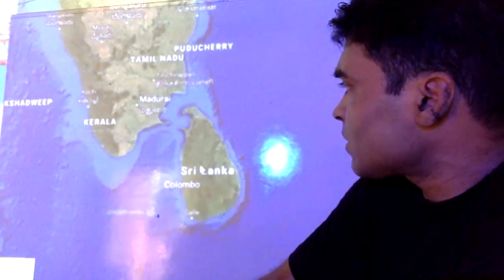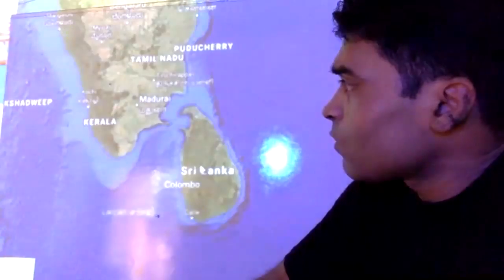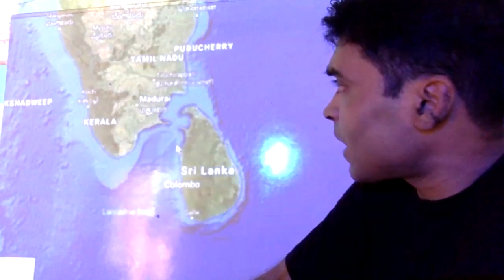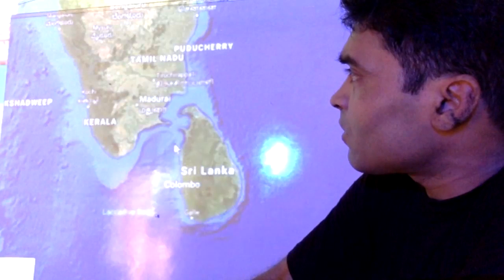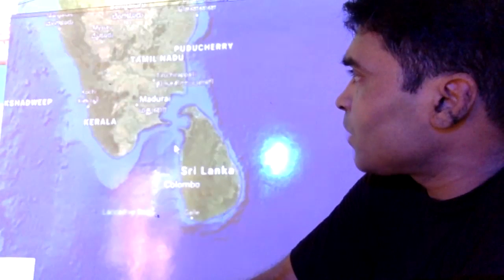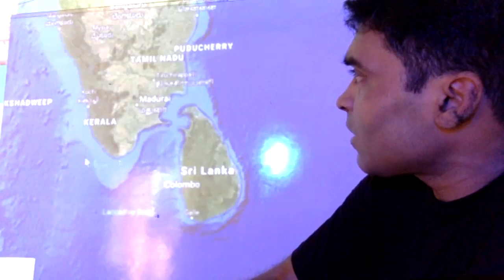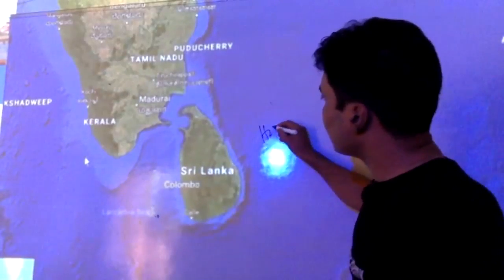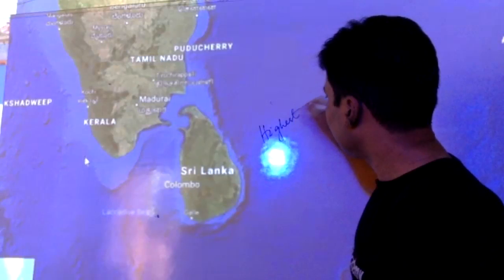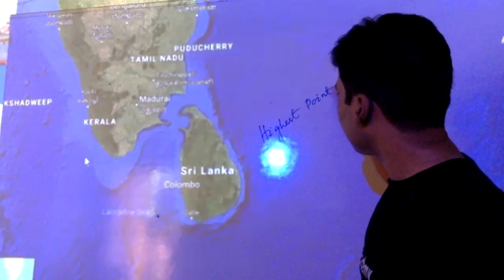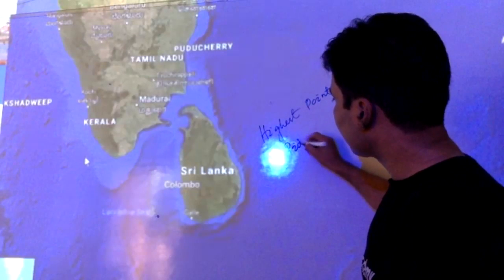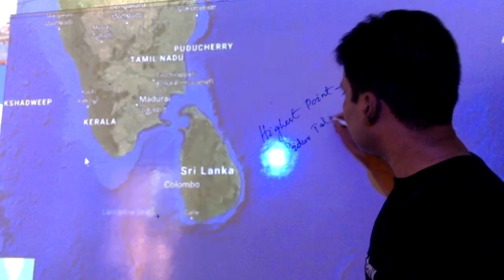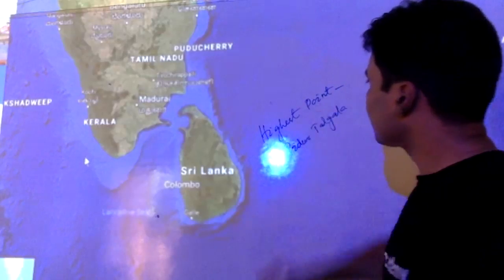Now we'll discuss the highest peak. The highest point of Sri Lanka is Pidurutalagala. The highest point is Pidurutalagala.